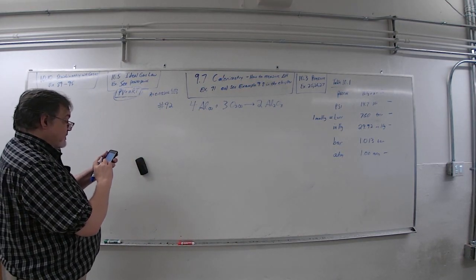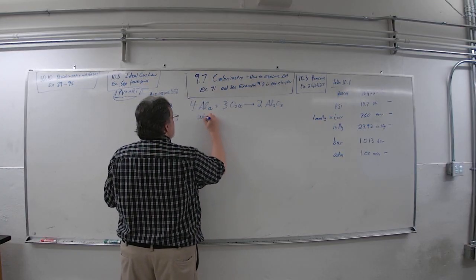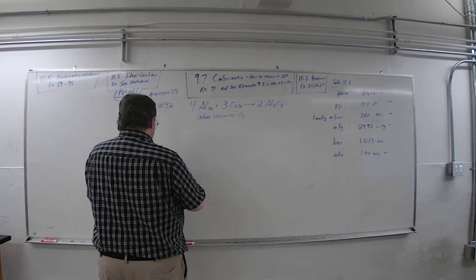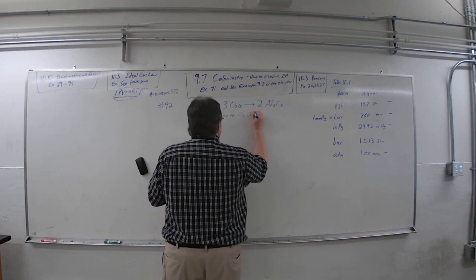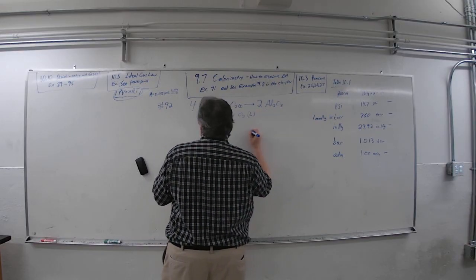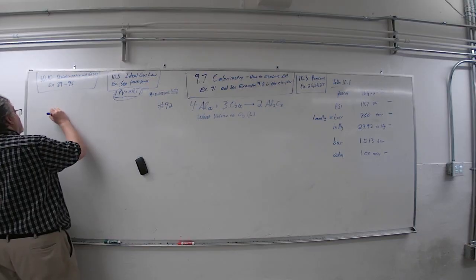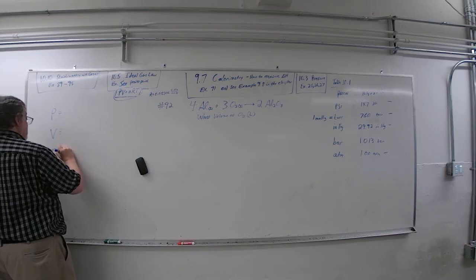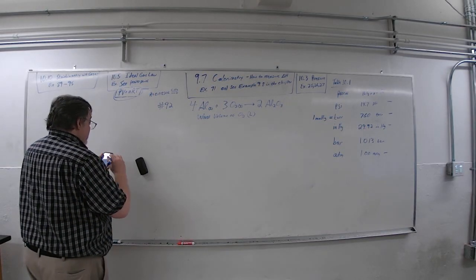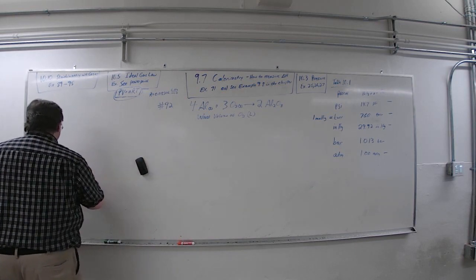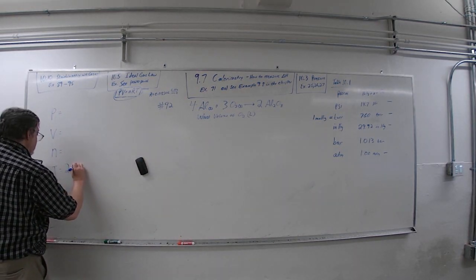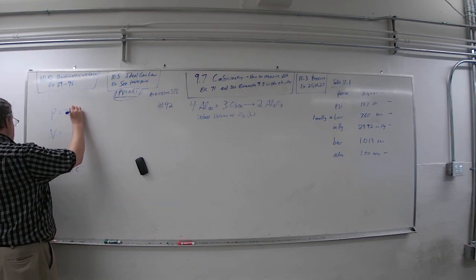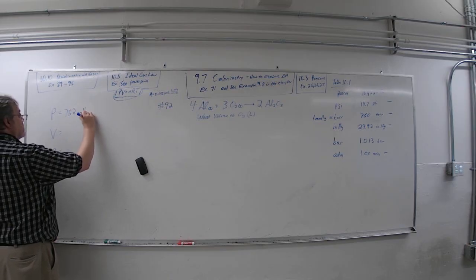Okay, what's our information? Volume of O2, in liters. It says 25 degrees C, and says 782 millimeters of mercury.